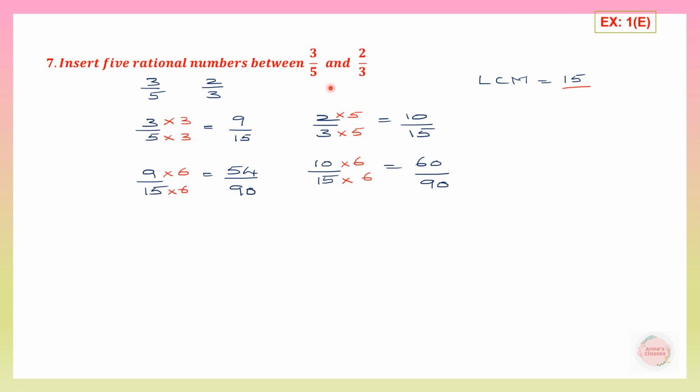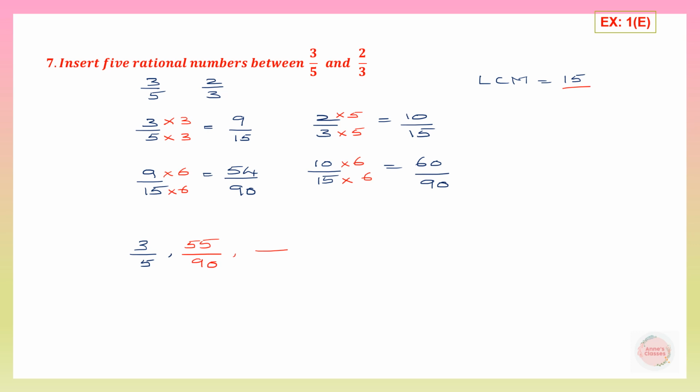So let's write that. So here we have the rational number given to us, 3 by 5, is the first one. Now we're going to write after 54 by 90, we have 55 by 90, 56 by 90.